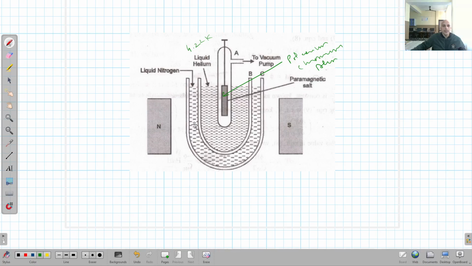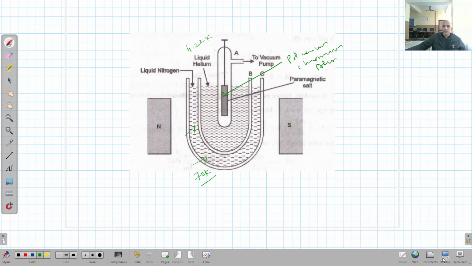Clear? Here it is liquid nitrogen. Again, it is contained in a thermally isolated Dewar vessel C, and temperature here is around 70 Kelvin, liquid nitrogen, right? So how will this very low temperature be produced, right?